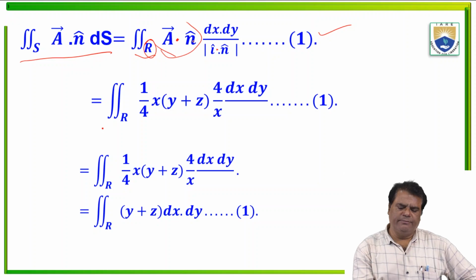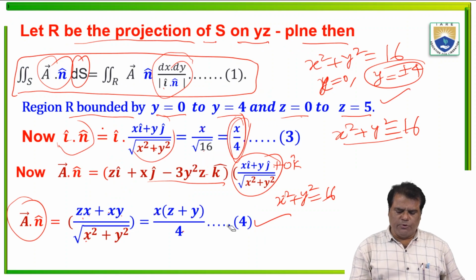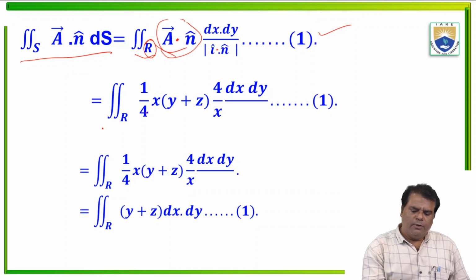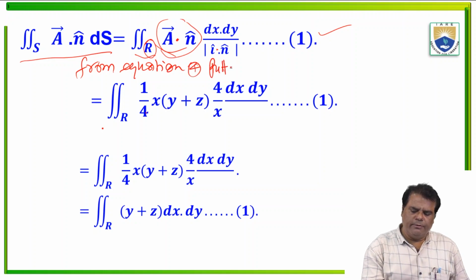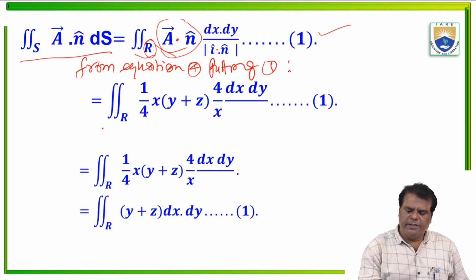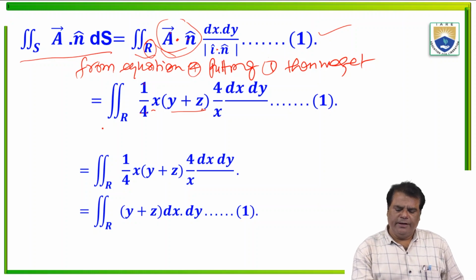Putting the value from equation 4 in equation 1, then we get A vector dot n cap equal to 1 by 4 x times (y plus z), dx into dy. What is i cap dot n cap?